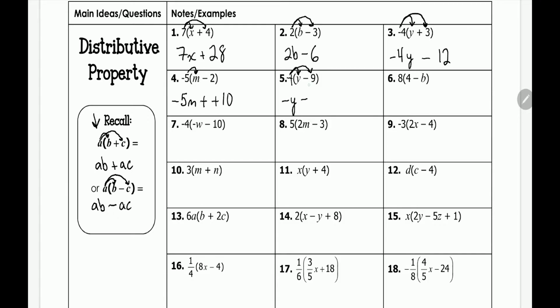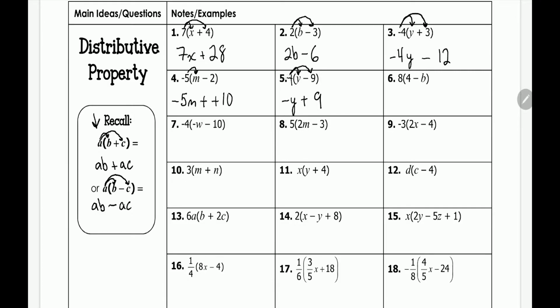Then we have the sign in between the numbers in the parentheses. And then negative 1 multiplied by 9 gives us negative 9. We're not done yet. Since we have a subtraction and a negative, we can change that to addition. So our answer is negative y plus 9.